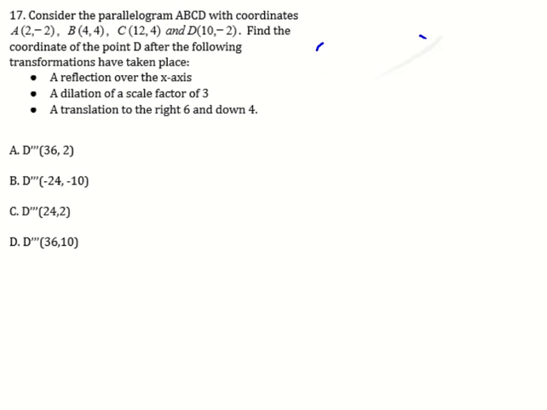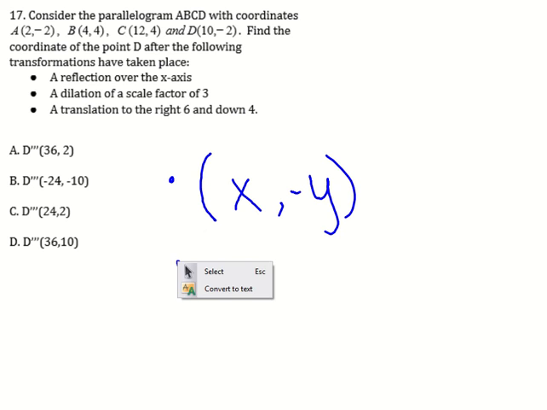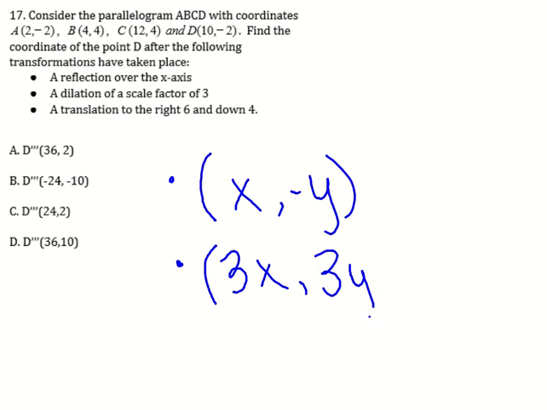Actually, I'm going to write it down here. (x, -y). Dilation of a scale factor of 3. Well, we just talked about that one. And the last one, right 6 and down 4.